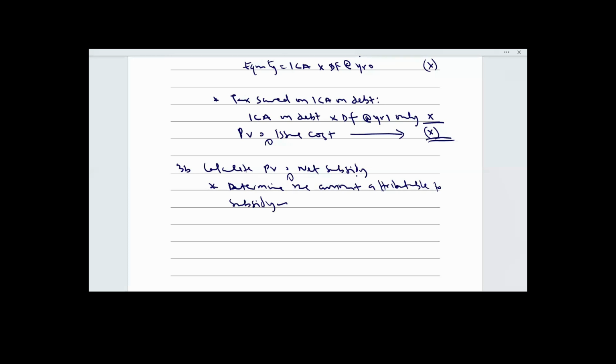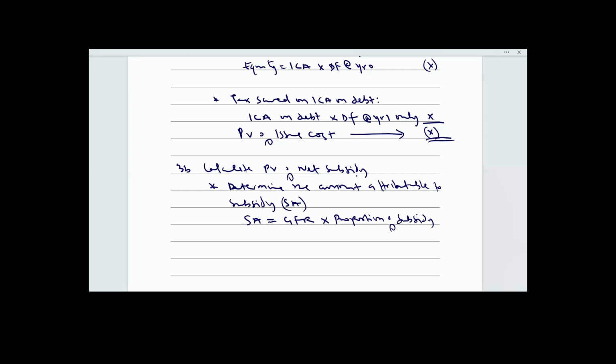The subsidy amount, which is SA, the amount attributable to subsidy. Therefore, SA is equal to the gross finance required multiplied by the proportion of subsidy. That will give the subsidy amount.